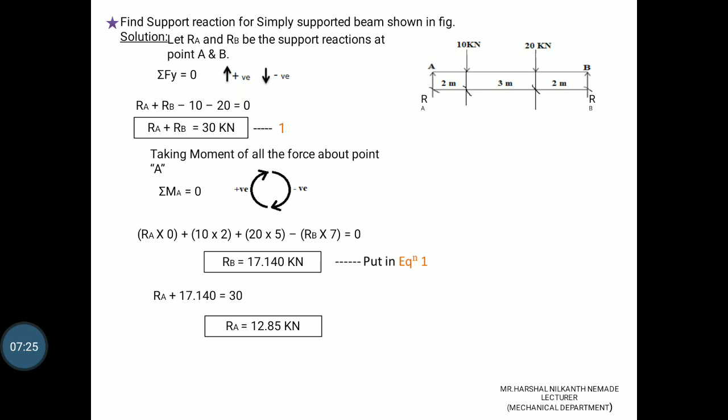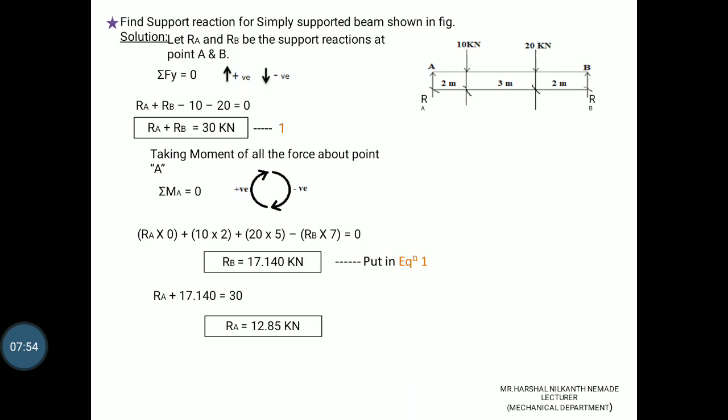Why plus? Because you may see the force which is rotating, 10 multiplied by 2 plus 20 multiplied by 5, minus for anti-clockwise. 10 and 20 are rotating in the clockwise direction, and RB is rotating in the anti-clockwise direction. So minus RB multiplied by 7 is equal to 0.